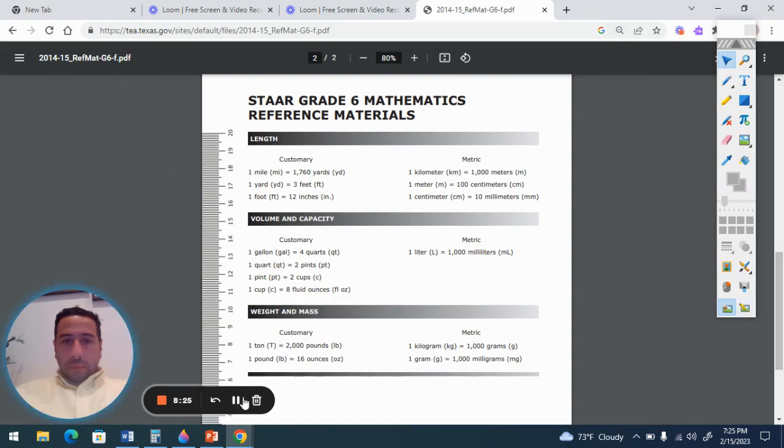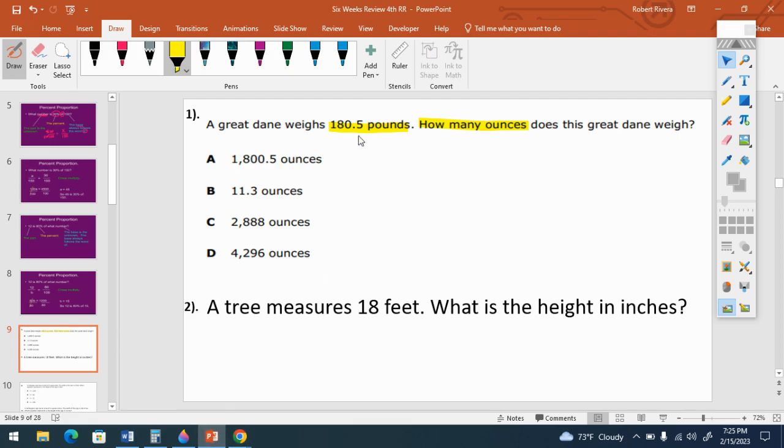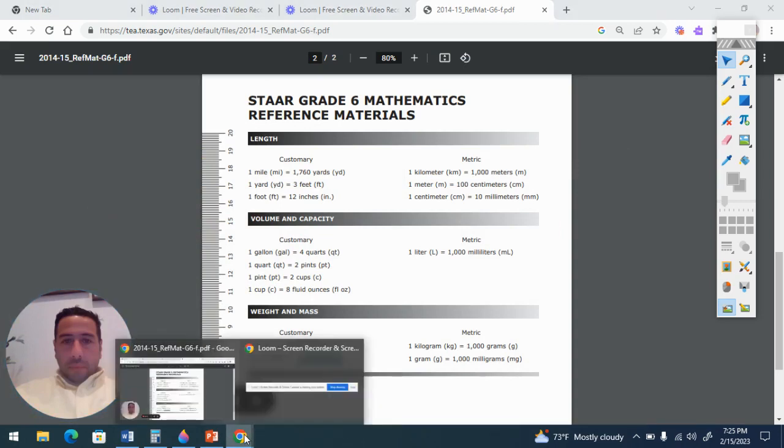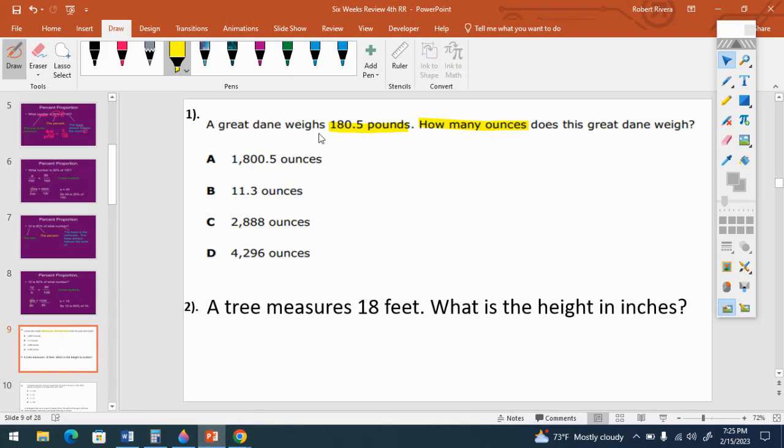And our question again wanted for us to go from pounds to ounces. So if I look at my chart, we have here pounds to ounces. So we have 1 pound equals 16 ounces. So again, I'm going to set up a proportion. That's why I'm pushing the idea of proportionality.